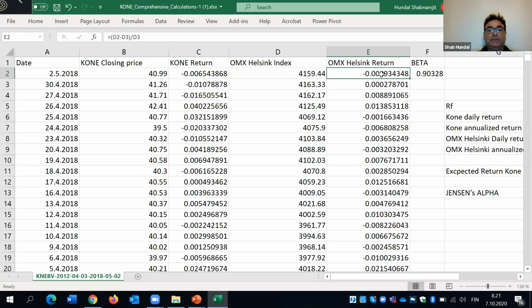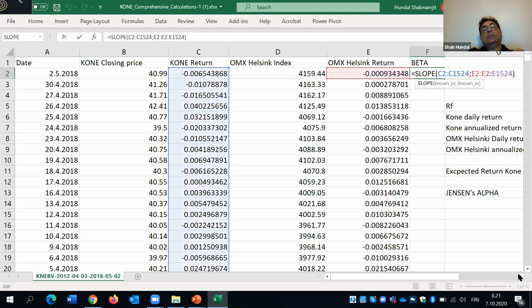And once we know this, we can calculate beta, which is here. Remember that in the CAPM formula, let's say you want to compare two Finnish companies, Finnair and Kone.